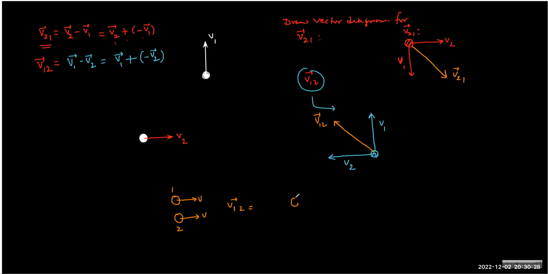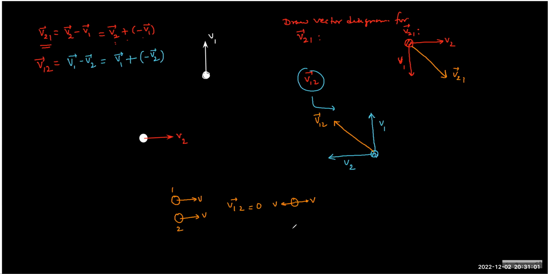So one will have its own value, V, and two will give you V like this. What is the answer? Tell me. Hello, hello, hello. Am I audible? Yes, sir. So if two particles are having same velocity in the same direction, the relative will be how much? 0. It means both will see each other at rest only, na?